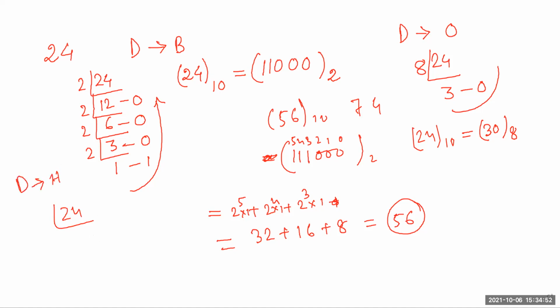By how much do we divide 24 in hexadecimal? 16. Yes, 16, not 15, 16 is the radix value. So when we divide by 16, we get 1 and the remainder is 8.